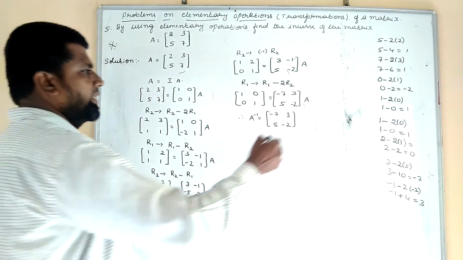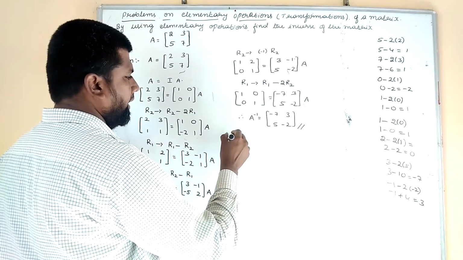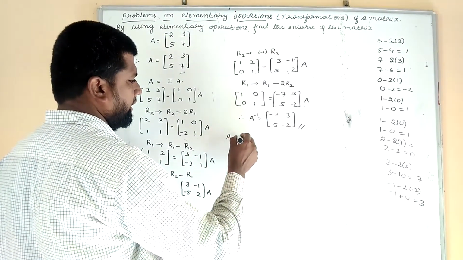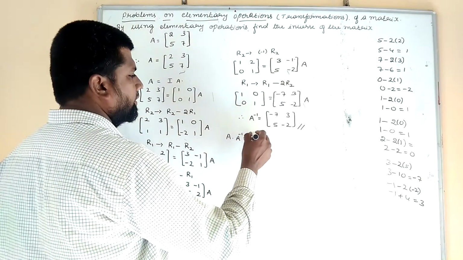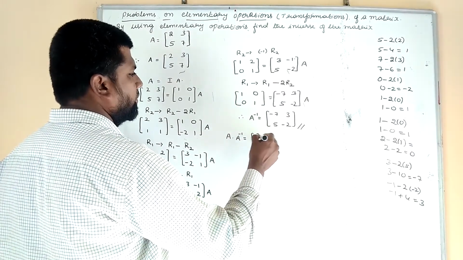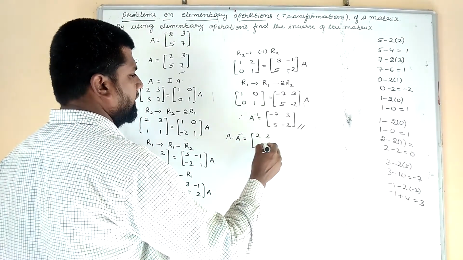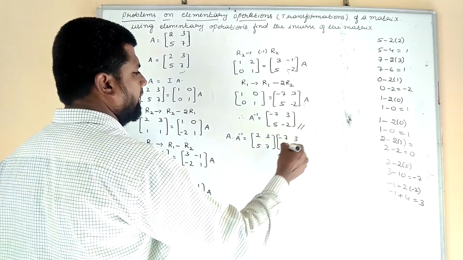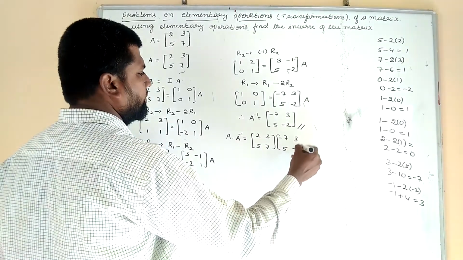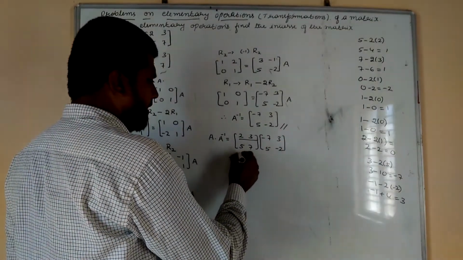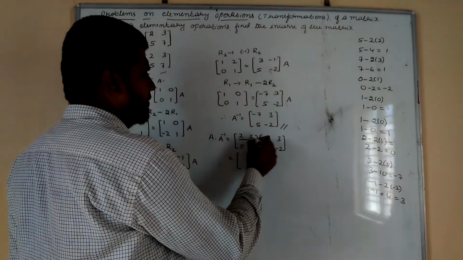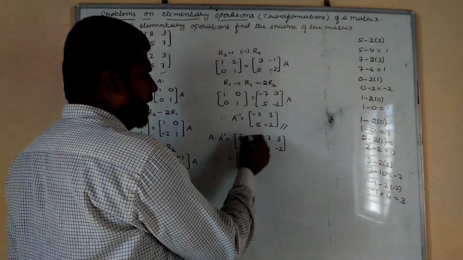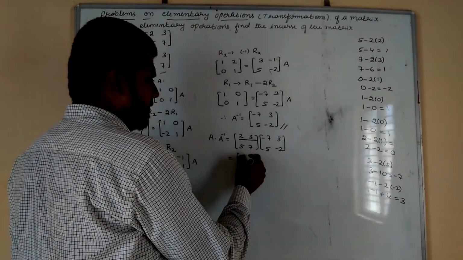This is the answer. We want to verify this one. Let us verify using A into A inverse. A is 2, 3, 5, 7, into minus 7, 3, 5, minus 2. Let us multiply. You know how to multiply two matrices. The first row is multiplied with the first column. 2 into minus 7 is minus 14.